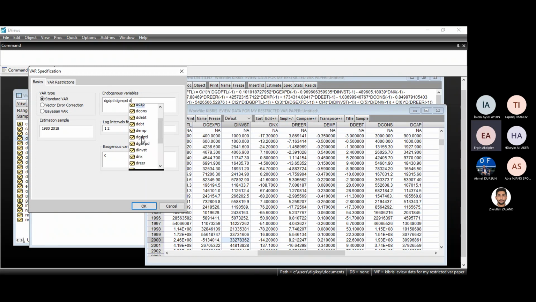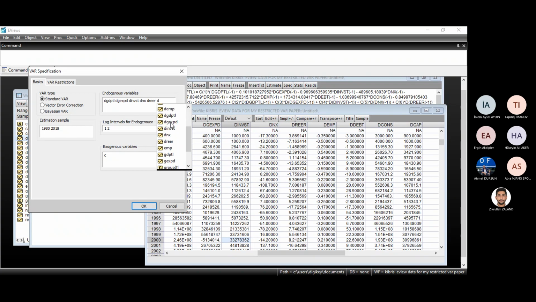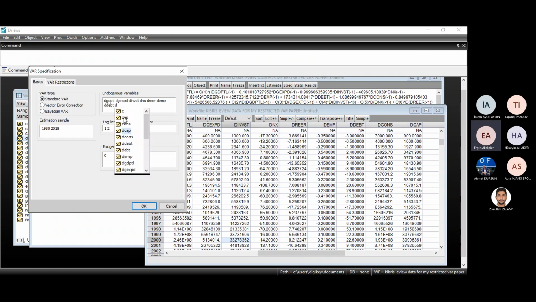When you are missing something, it takes time. Debt, public debt, consumption.